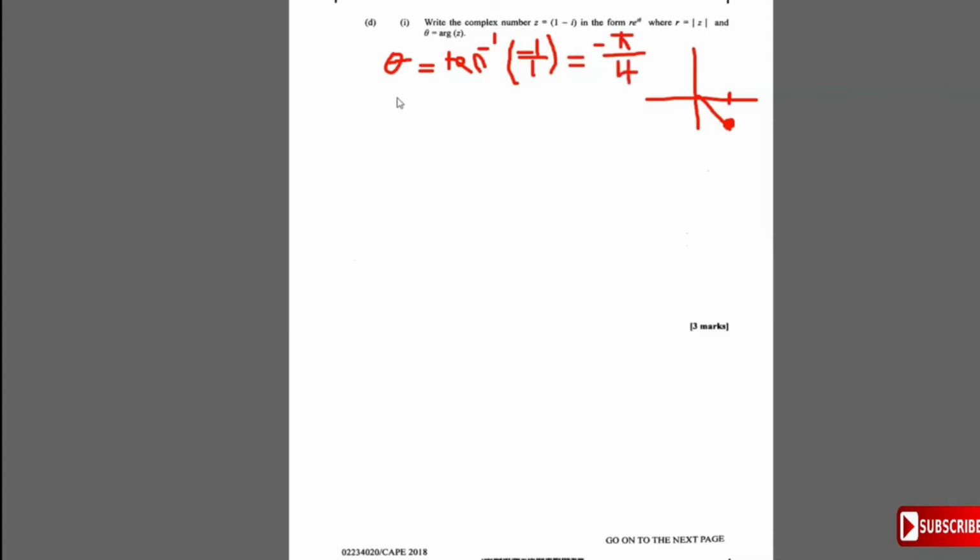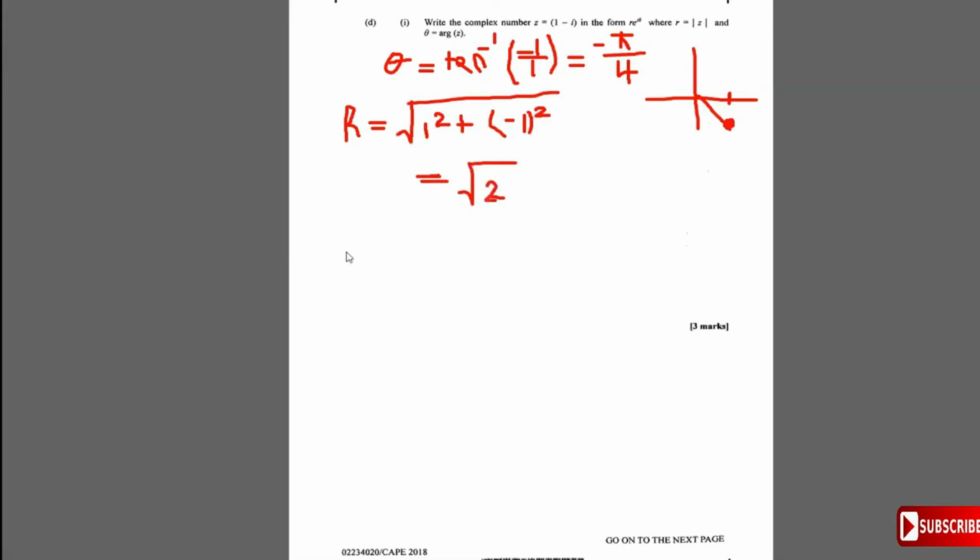Then we need to find r. r is going to be equal to the square root of 1 squared plus minus 1 squared. And that's equal to the square root of 2. That is r. So now that we have r, we're good.